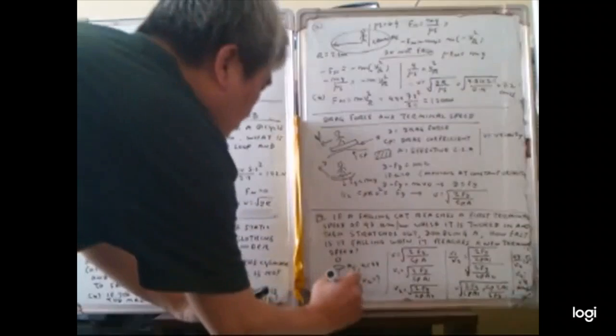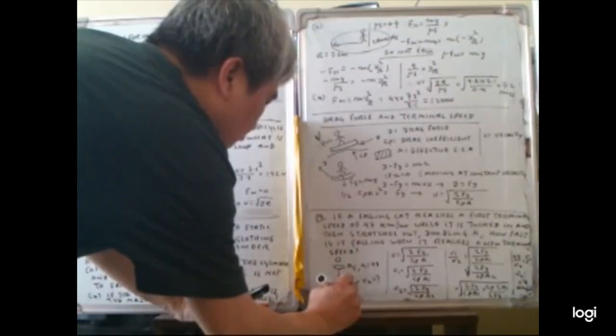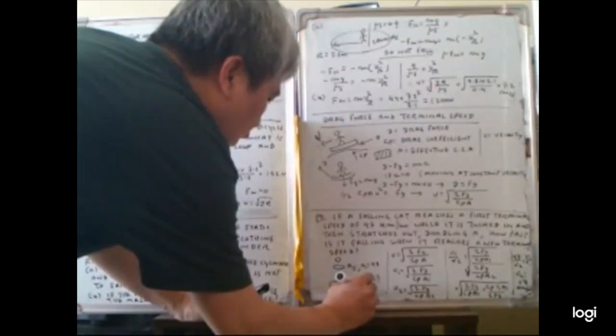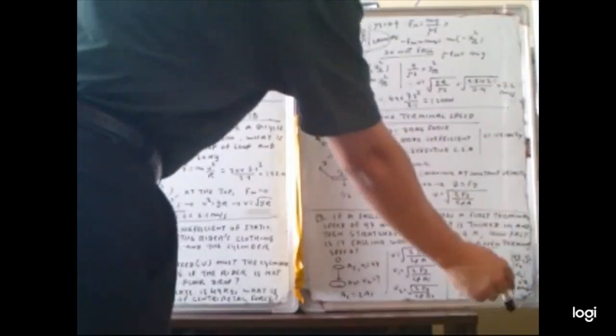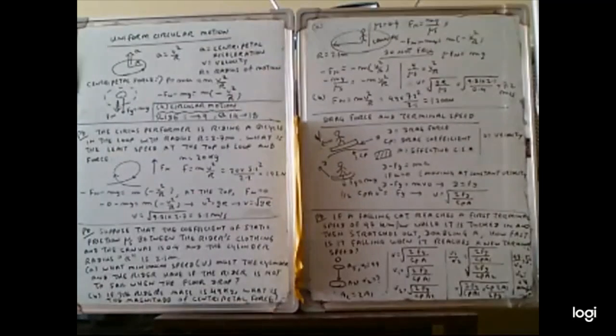A2 is equal to 2A1, so we substitute 2A1 for A2. By solving this, with 97, v2 is equal to 97 divided by the square root of 2, so v2 is equal to 68 km/h.